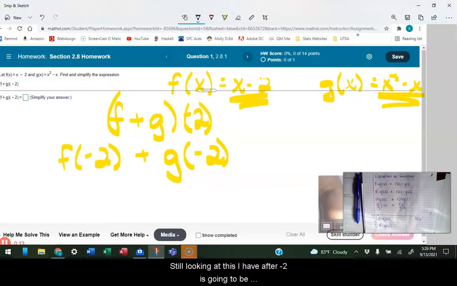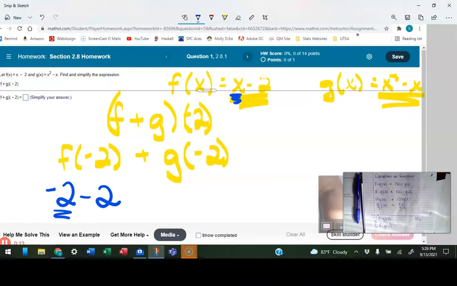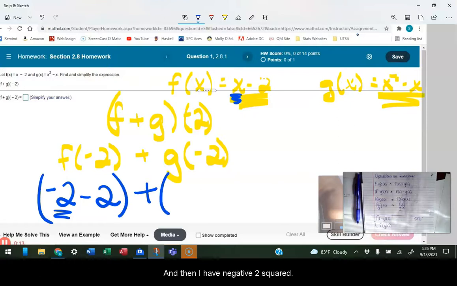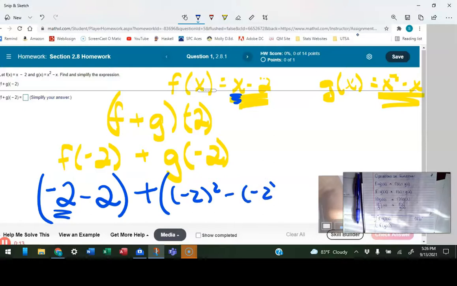So looking at this, I have f of negative 2 is going to be negative 2 minus 2, because that's your x value right there, plus, and then I have negative 2 squared minus negative 2. Okay, so there's your negative 2 squared minus negative 2.